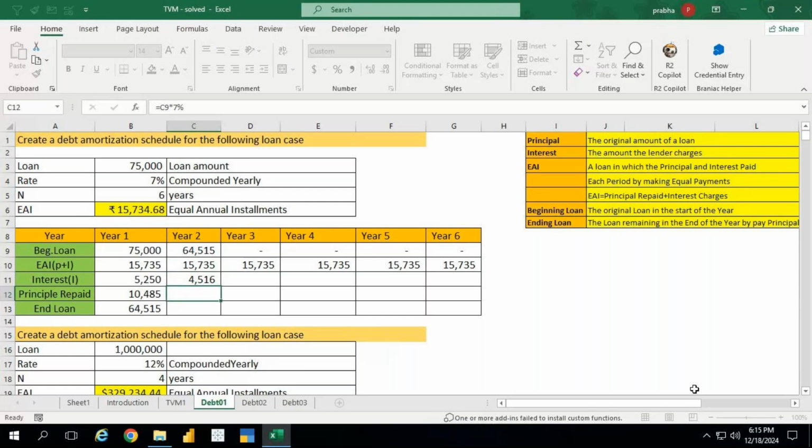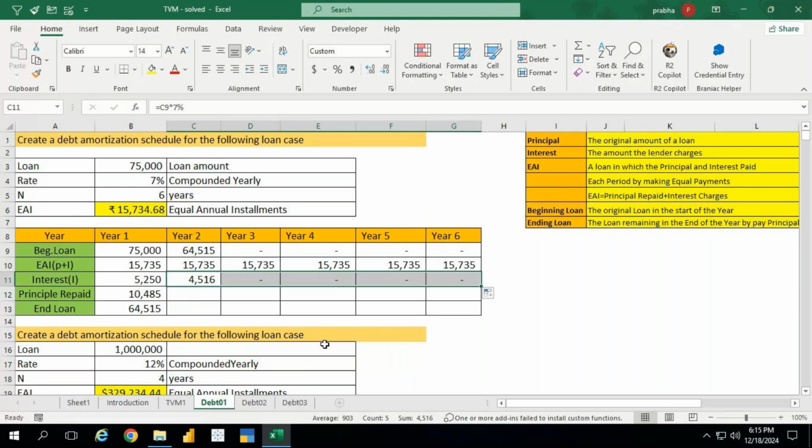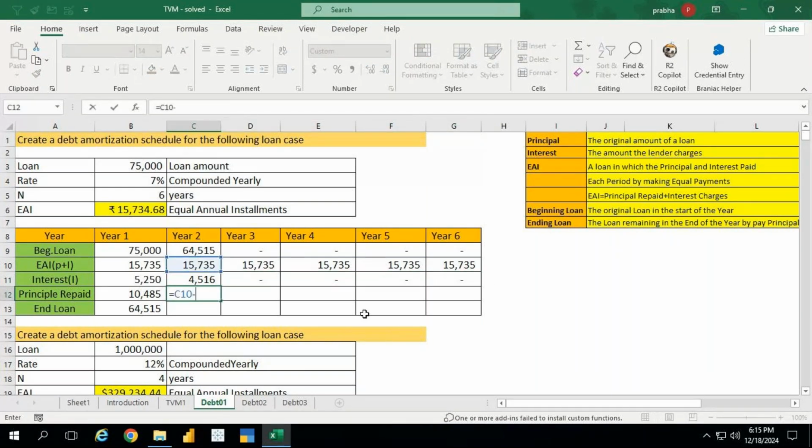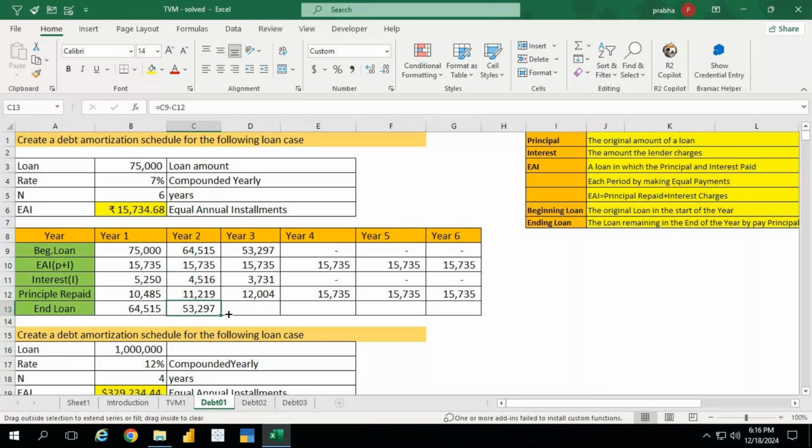I come here and apply the fill handle. Now principal repaid will be EAI minus interest. I select it and apply the fill handle. Now end loan will be equals beginning loan amount minus principal repaid. I come here and apply the fill handle.